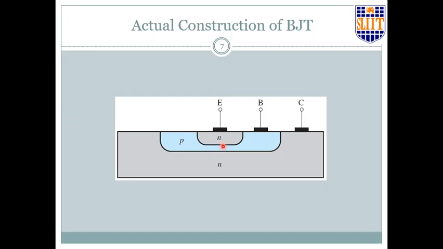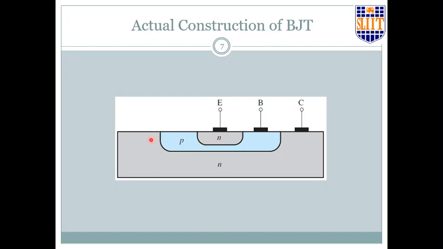Then you have the emitter, of moderate size, moderate volume, moderate depth. This construction is required for the proper operation of the BJT. Not only that, doping concentration differences are also there.